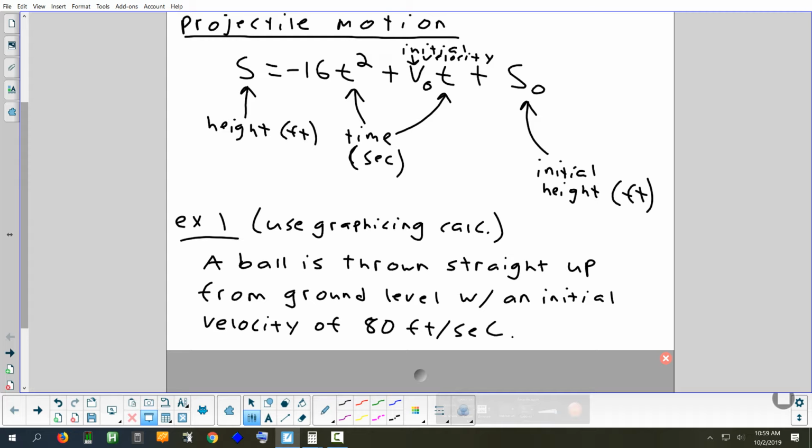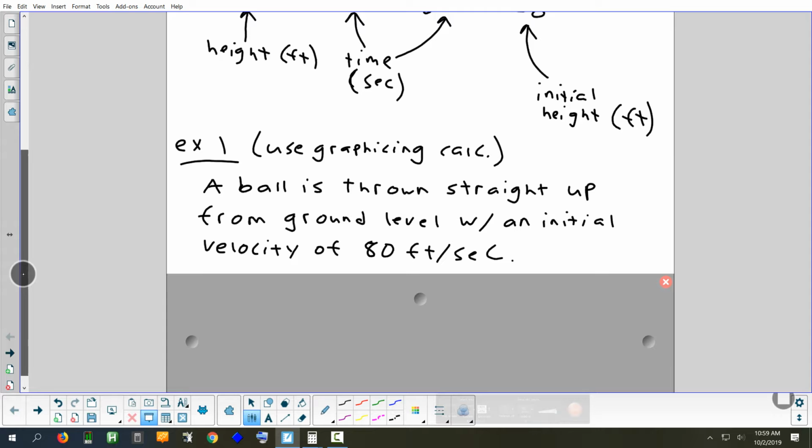Eric, that sentence tells us something else about one of those variables. What else do we know from just reading that sentence? Initial height is 0? Yep, initial height is 0 because you're throwing it from ground level. Okay, so let's fill in everything that we've got.